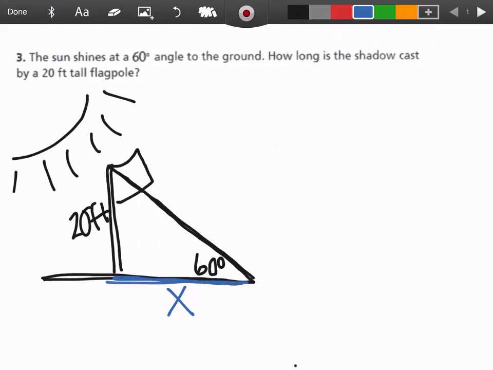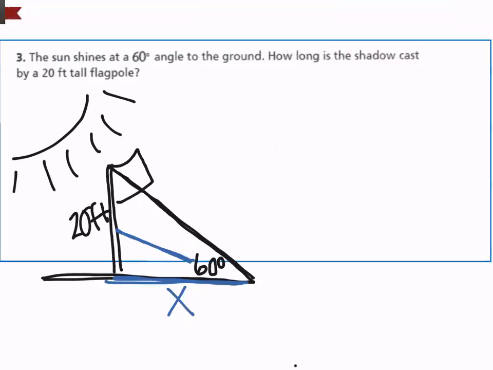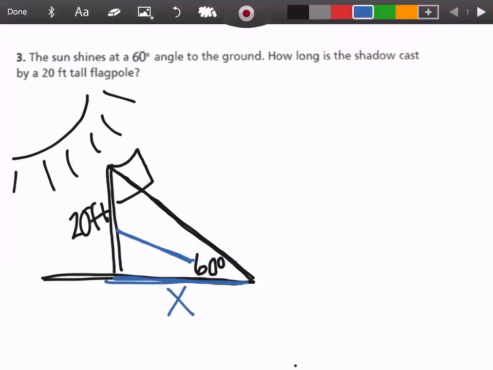So then you look at what you already have in reference to the angle. In reference to our 60-degree angle, we have the opposite side. The opposite side is always the side you have to start at the angle. And once you start at the angle, you go directly across the triangle.